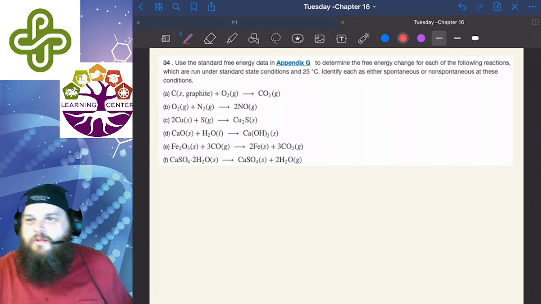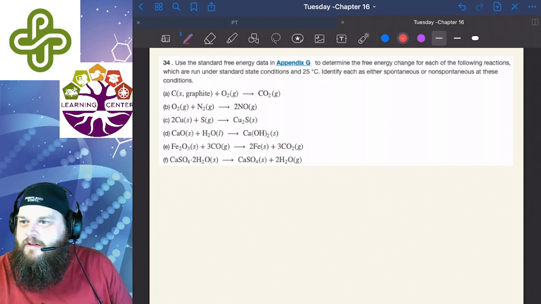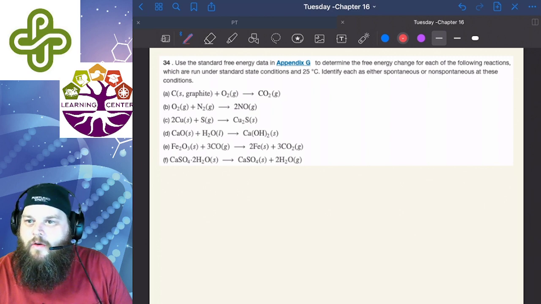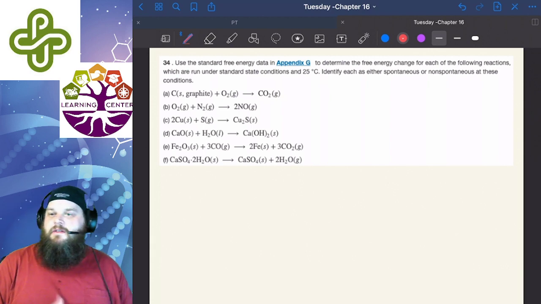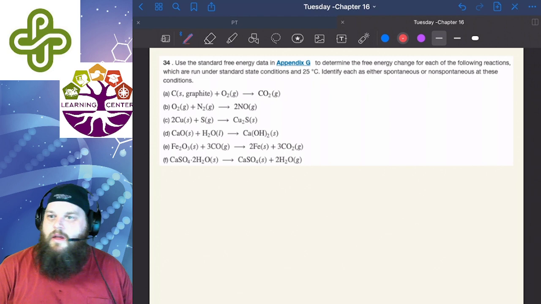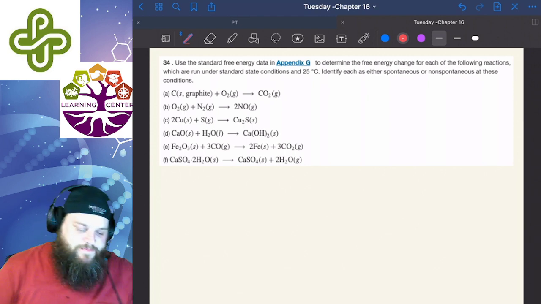We're going to use those values to determine the free energy change for each of the following reactions, which are run under standard state conditions and 25 degrees Celsius. Identify each as either spontaneous or non-spontaneous based on these conditions. So really find the delta G of formation and determine, is this going to be spontaneous or not?